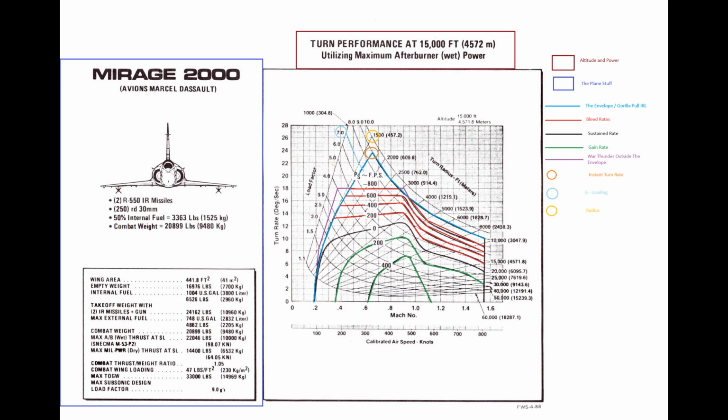But the distinguishing factor for the F-15 is, yes, it has a high bleed rate. It has a slightly probably worse instantaneous turn rate if you only look at a single point on the graph like the very peak. But because the bleed rate is a little bit lower, its effective instantaneous turn rate ends up being a little bit higher. But the big distinguishing characteristic would be it's got really good recovery rates.